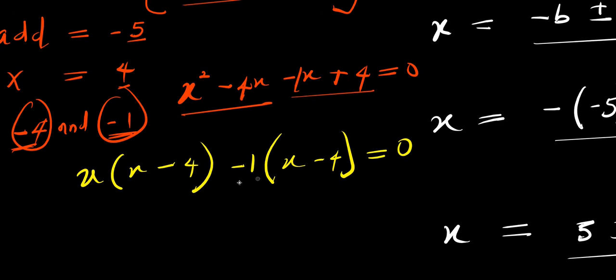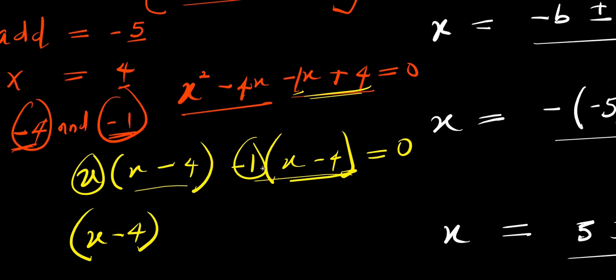Because if you multiply this out, you definitely have this: negative 1 times x, negative 1 times 4, positive 4. So this bracket and this bracket are the same. We can pick just one of them, and the x and the minus 1, we combine again. This equals 0.